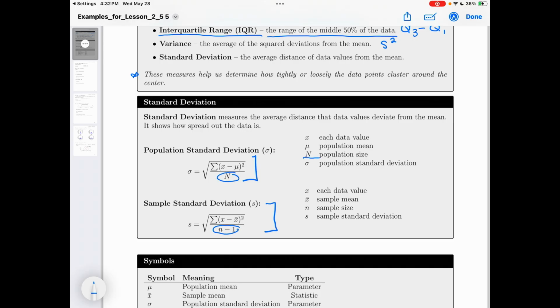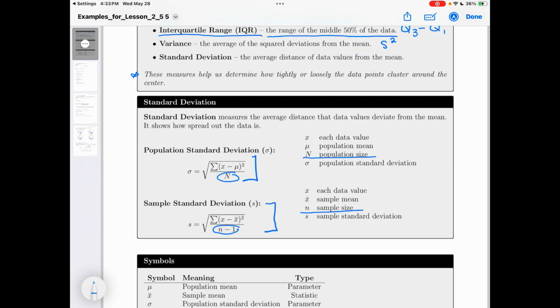Notice the only difference is the denominator under the square root. The capital N is the population size, meaning instead of talking about the sample size, how many values are in the sample, that's our lowercase n here. And when we talk about the population size, we label that as capital N.